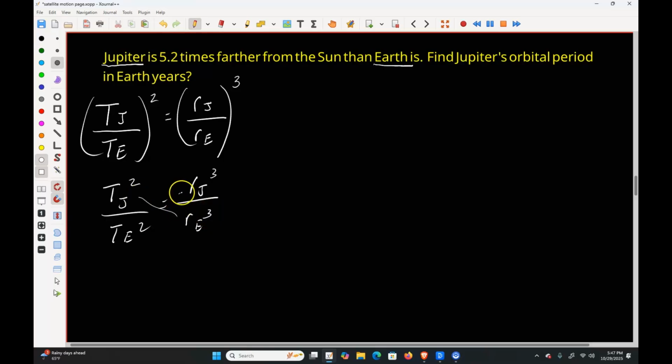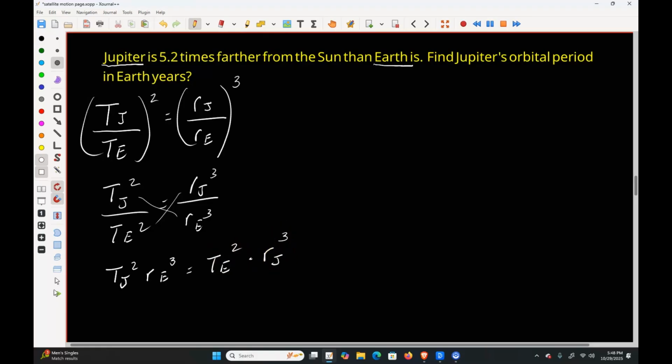Let's cross multiply and isolate our variables. So we have T_J squared R_E cubed equals T_E squared times R_J cubed.